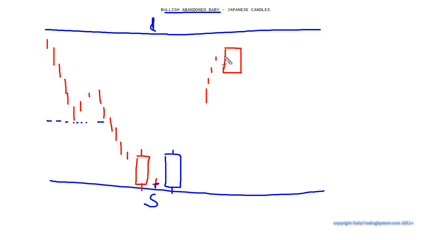What happens is that when the market goes up and stops for a little bit and goes sideways, you'll see another one that gaps up like that. So you see this huge gap in there, right? G for that gap. What tends to happen is that this gap is then filled, and sometimes it goes down as far as the low of that particular candle, and then the price will come back down. That's the abandoned baby.